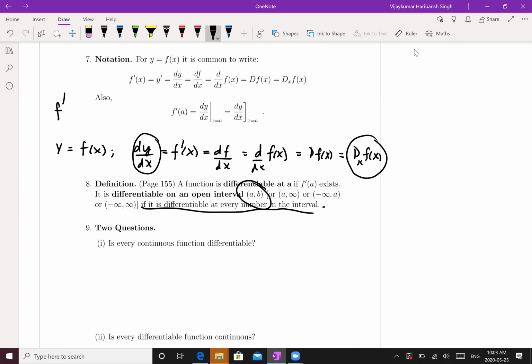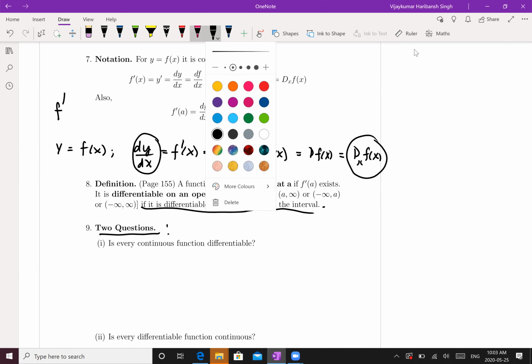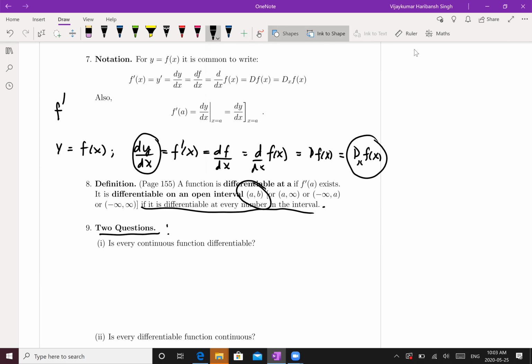Okay. So now there are two very interesting questions to ask. The question is, is every continuous function differentiable? And the answer is no. Why is that? Let's look at the following example.